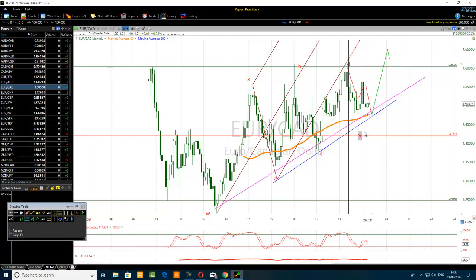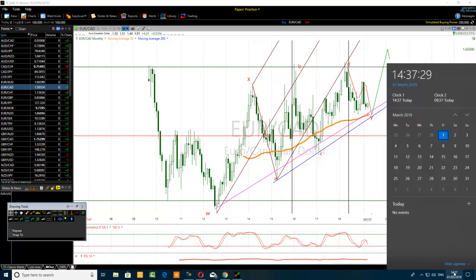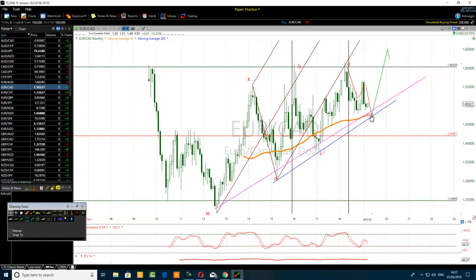But because we are here today, on the 1st of March 2019, the time in London is 37 minutes past 2 p.m. We are now here.